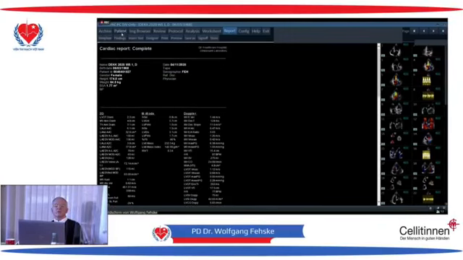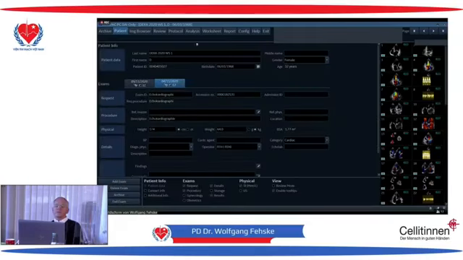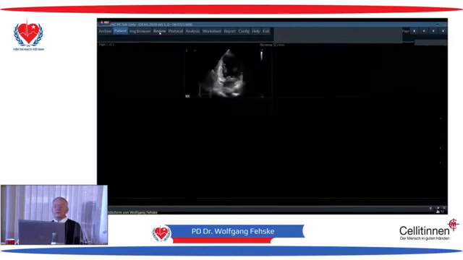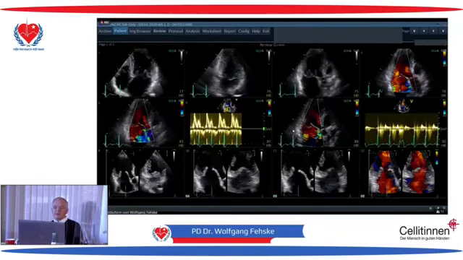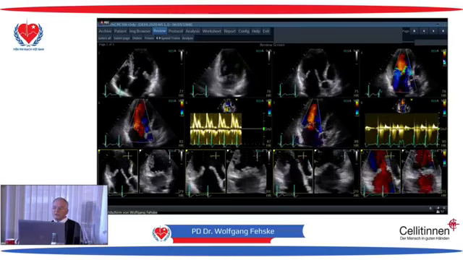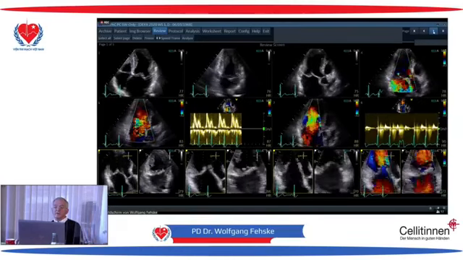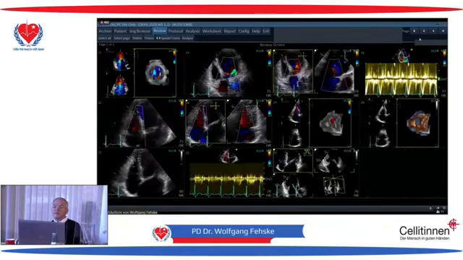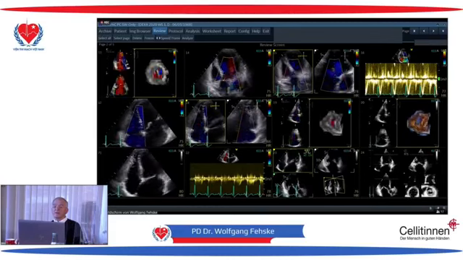So this is what I wanted to express, but I'm absolutely convinced that this is a severe mitral regurgitation. And what we do in all these patients is, I hope I have done it here in this patient too, we are measuring the stroke volume.